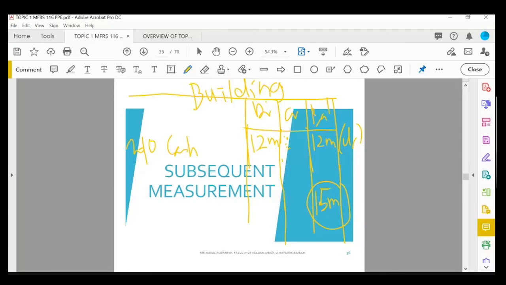So in year 2016, you have prepared your computation of the asset. You have identified that you have an asset revaluation reserve of 5 million. Debit building, credit ARR 5 million.